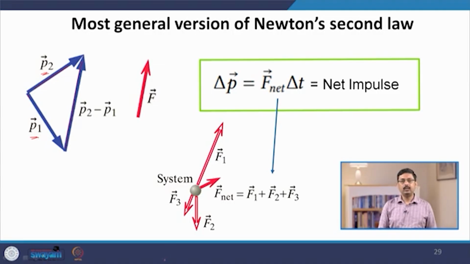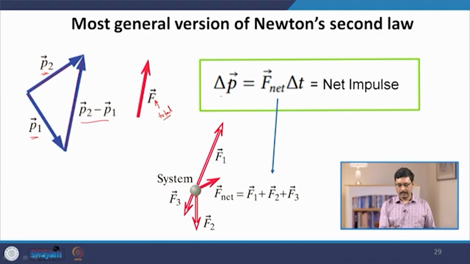Then Newton's second law says that this total change is proportional to the total force. So, this F must be the total force acting on the particle. Note that the direction of this F and the direction of the change in momentum, P2 minus P1, are parallel, that is, they have the same direction.